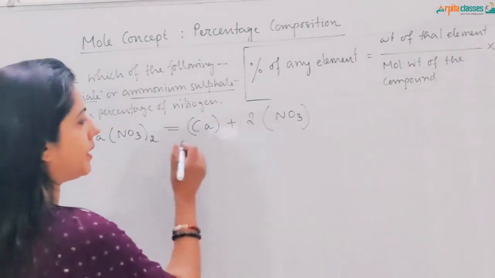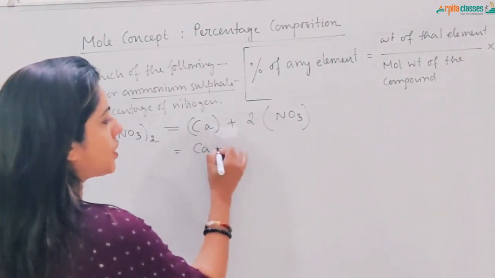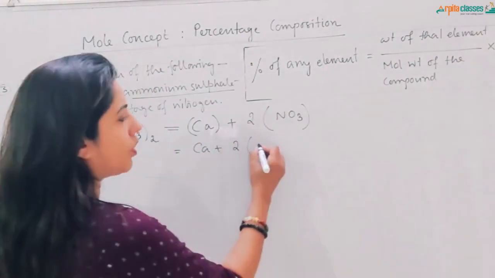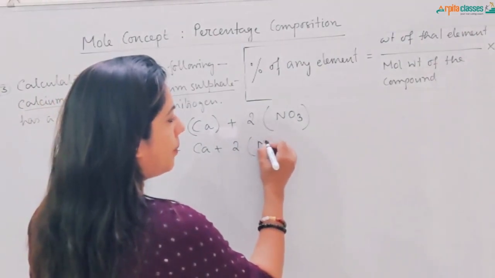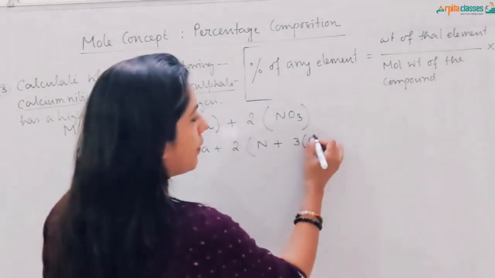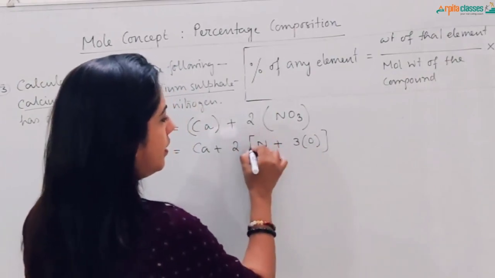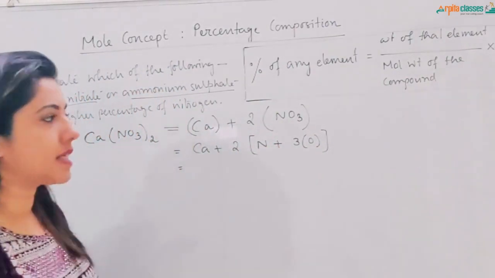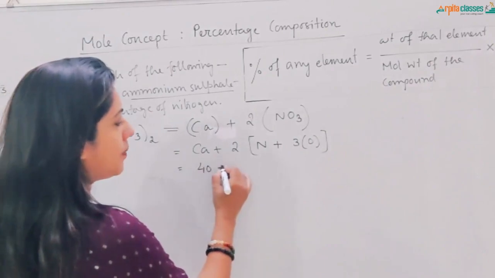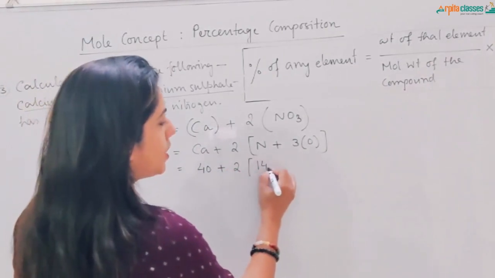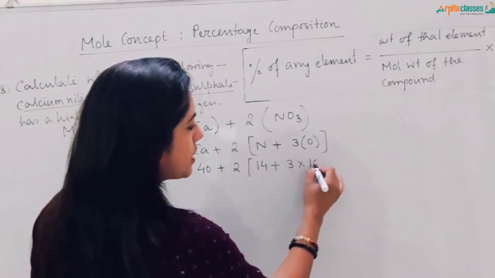Now again we have to split this. It's atomic weight of calcium plus 2 into atomic weight of nitrogen plus 3 into atomic weight of oxygen. Now we can put the atomic weights. For calcium it is 40 plus 2 into nitrogen is 14 plus 3 into 16.